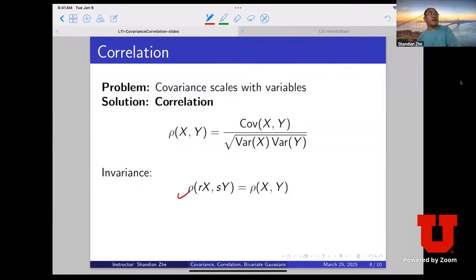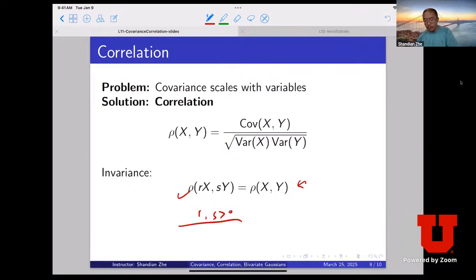It's fairly straightforward to show that if you scale x by r and y by s, where r and s are non-zero, the correlation is exactly the same as the correlation of x and y. So it is invariant to scaling of the random variables.